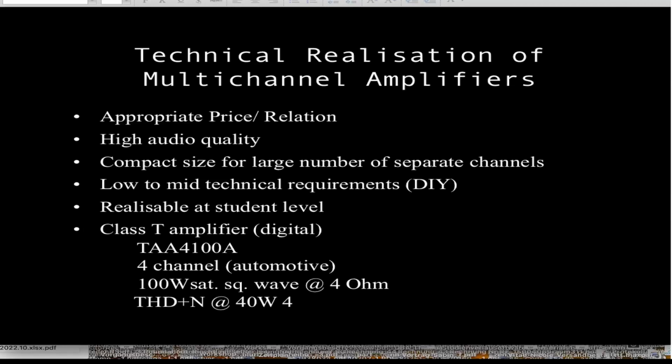For this, we chose a project with Class T amplifiers, digital amplifiers, based on the TAA 4100A chip, which is a 4-channel audio chip at about 100 watts and 4 ohm.